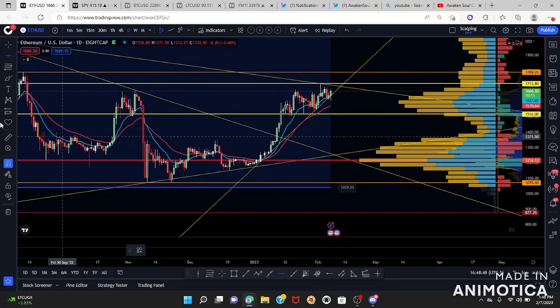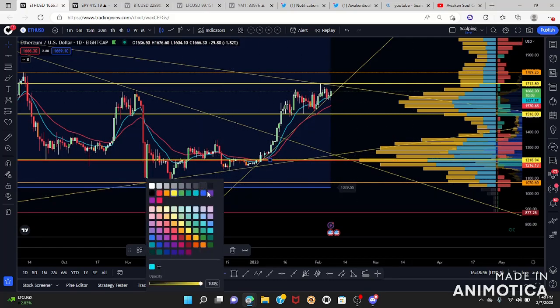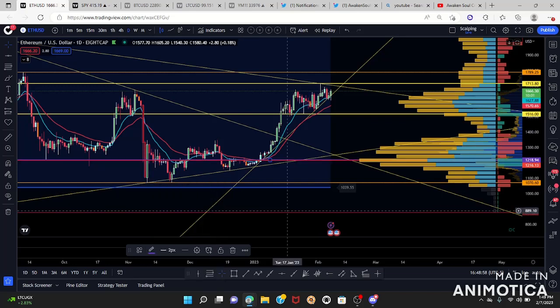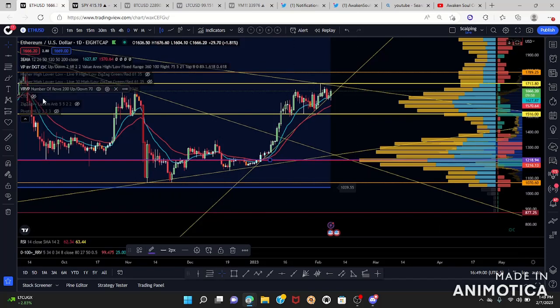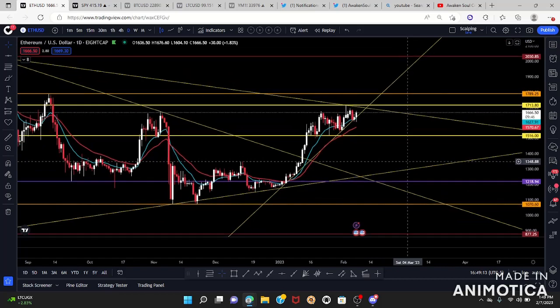I'm going to go ahead and mark this red line here. And it looks like they're both pointing me to this direction. Point of control, I'm going to do purple. Let me go ahead and take off my indicators. And the VRVP just gives me a good perspective of where the charts could possibly return to.